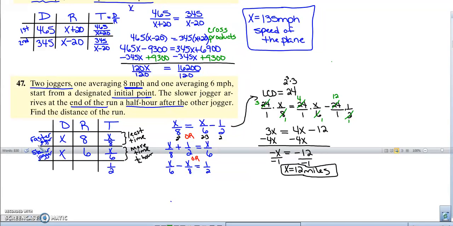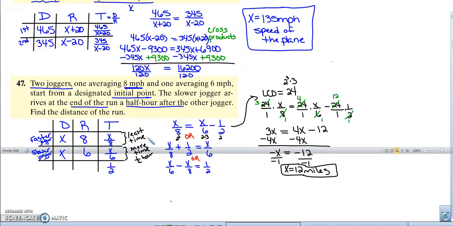All right, now let's consider the faster jogger would be running the race in the least amount of time. So this time here would actually be the smallest amount. The slower jogger would run in more time, specifically a half an hour more than the faster jogger.